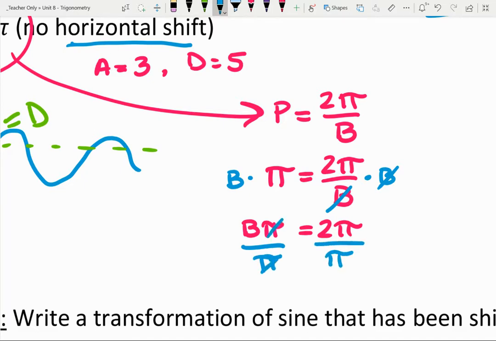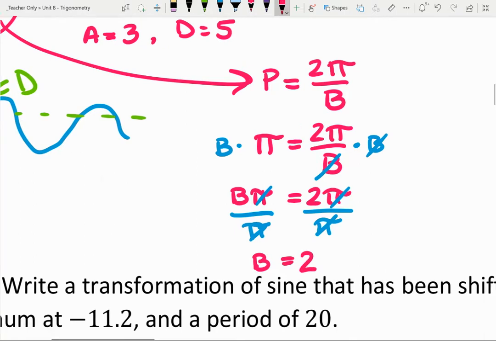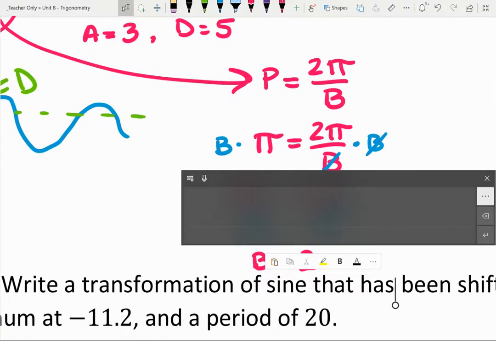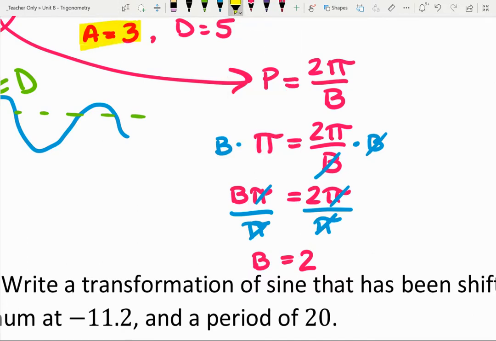So we reduce on the left-hand side and we get b all alone. And on the right-hand side, we get pi over pi, which reduces to 1. 2 times 1 is 2. So we have a b value of 2. So it looks like we've got all of our necessary information. A is 3, D is 5, and B is 2.